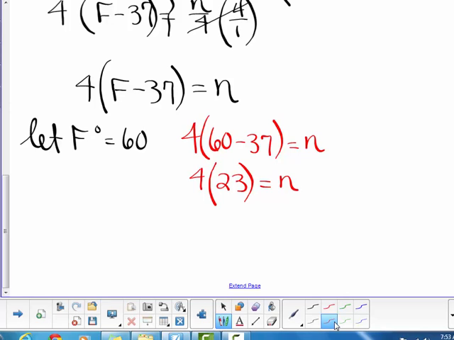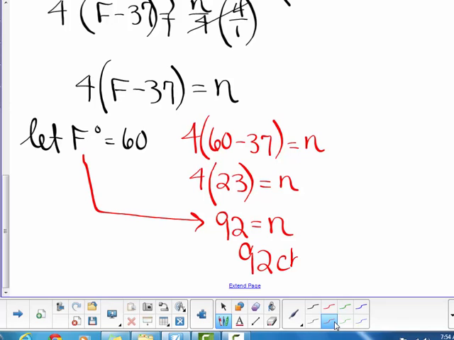And 4 times 23 is 92. So when it is 60 degrees outside, I can expect to hear 92 chirps per minute.